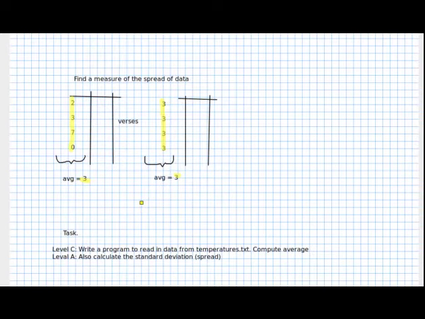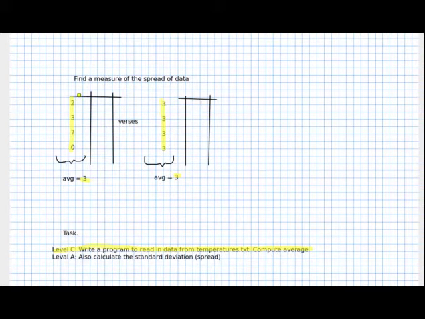So what we'd like to do here is find a way to not just get the average, which we've already done, and to get the average, that's the level C task. I want you to read some data from a file called temperatures.txt, which is attached to the Blackboard site, and calculate the average. But let's also see if we can calculate a measure of the spread of the data.